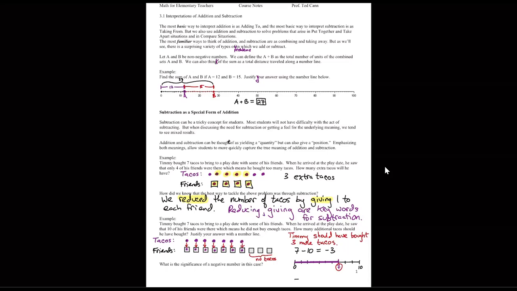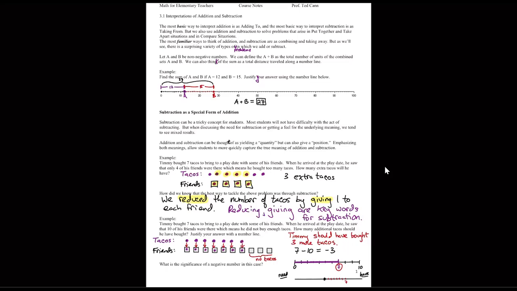So the negative numbers would be the need, and the positive numbers would be the have. Right, so what I would do is I'd start off at 0, and I'd say, okay, I'm taking 7 steps in the direction of have. Right, so 1, 2, 3, 4, 5, 6, 7 steps.